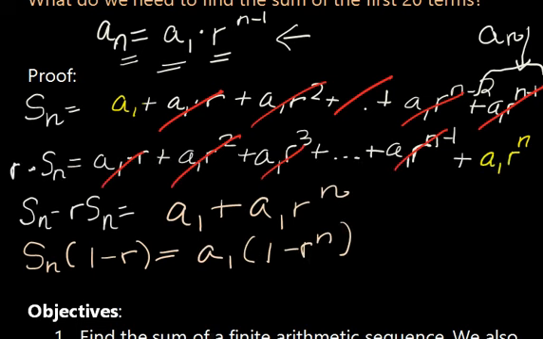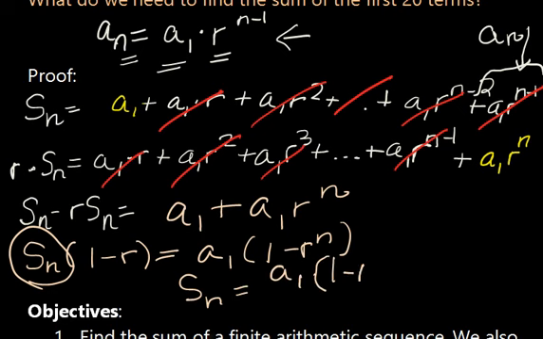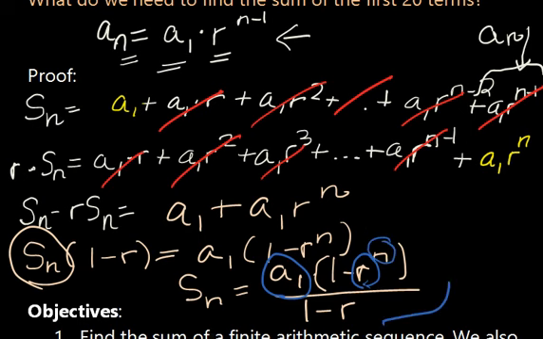If we simplify this and solve specifically for s sub n, we can rewrite this to generate a formula which gives us the summation of a geometric sequence in terms of the first value, a sub 1, our common ratio r, and n. And so this is the proof of how we come up with our summation formula for a geometric series.